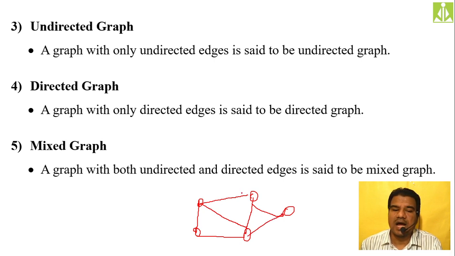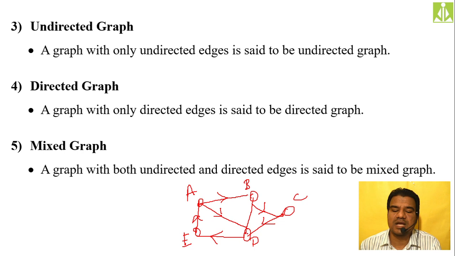So this is an undirected graph because we don't have any directions. Not even a single edge is having a direction over here. Now when you put directions on these edges, this particular graph will become a directed graph, because all my edges in this graph are having directions.